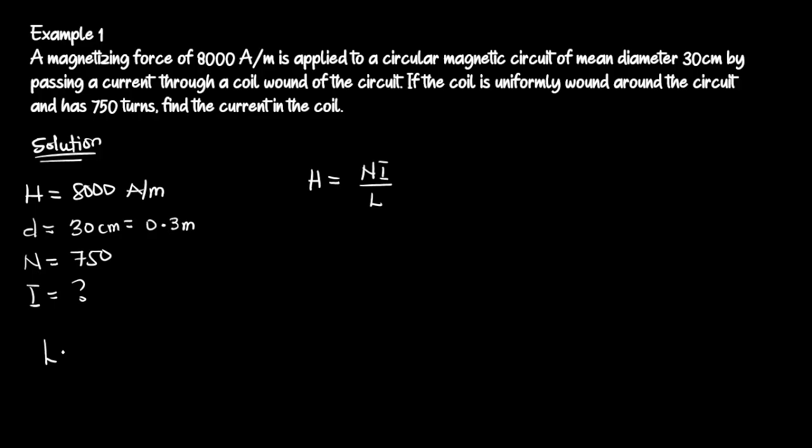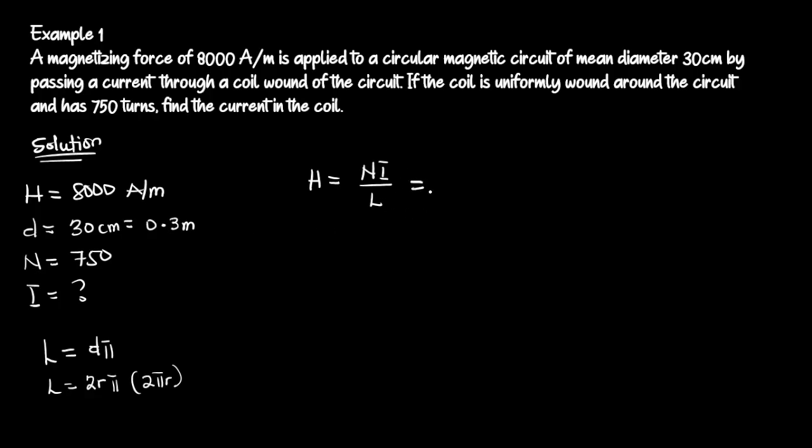So the mean length is equal to pi d, or another formula for the length: you know that the diameter d is 2r, 2 times the radius, so you can say this is 2 pi r. So to find the mean length in this case, you can either use 2 pi r or pi d. Now since we've been given the diameter, we can just use that pi d and then we will find our answer.